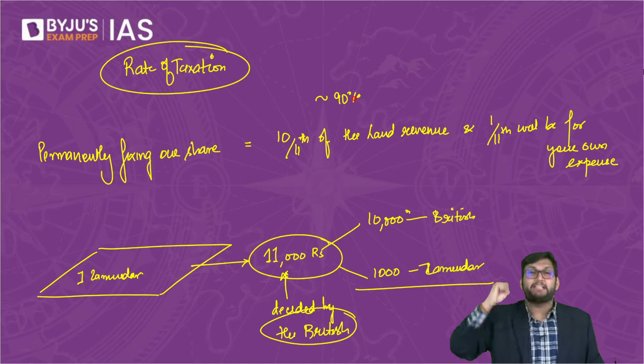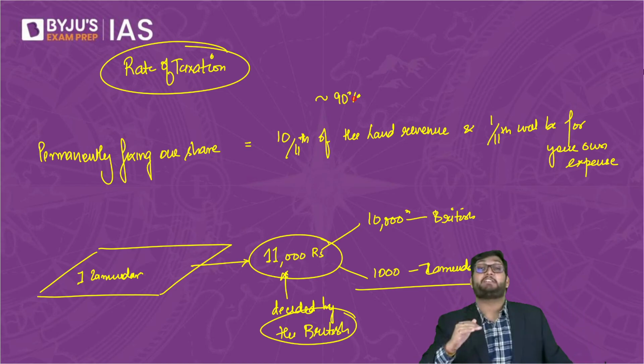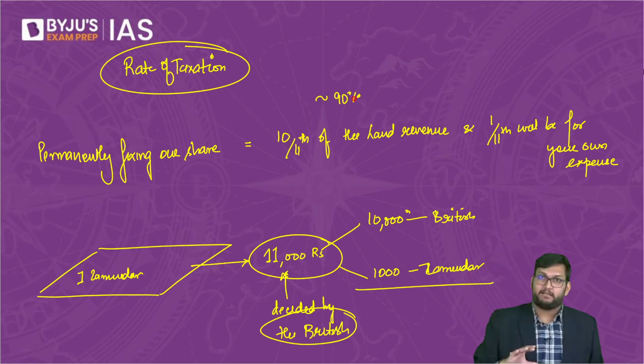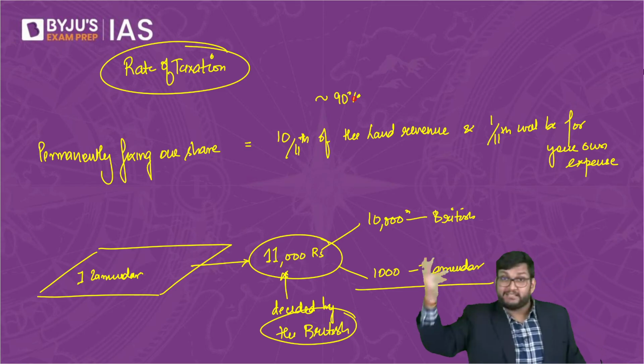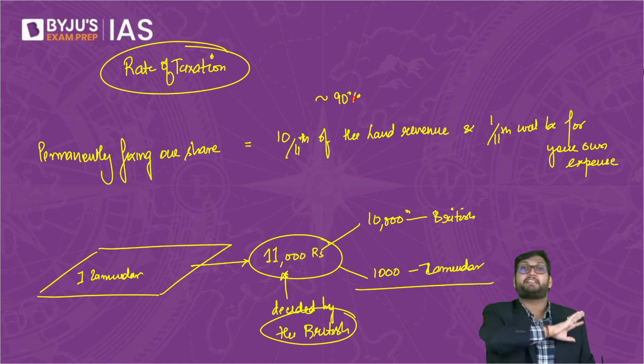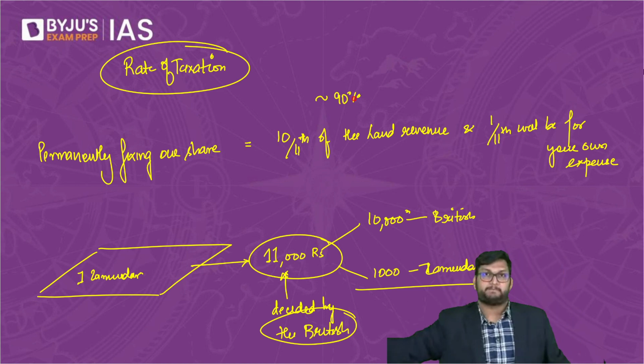And herein comes the problem. The British over-assessed like anything and created unrealistic demand for the zamindar. Therefore, either the zamindars were able to meet it, but their 1/11th never changed, or they themselves were never able to pay, and under sunset clause, it was given to someone else.